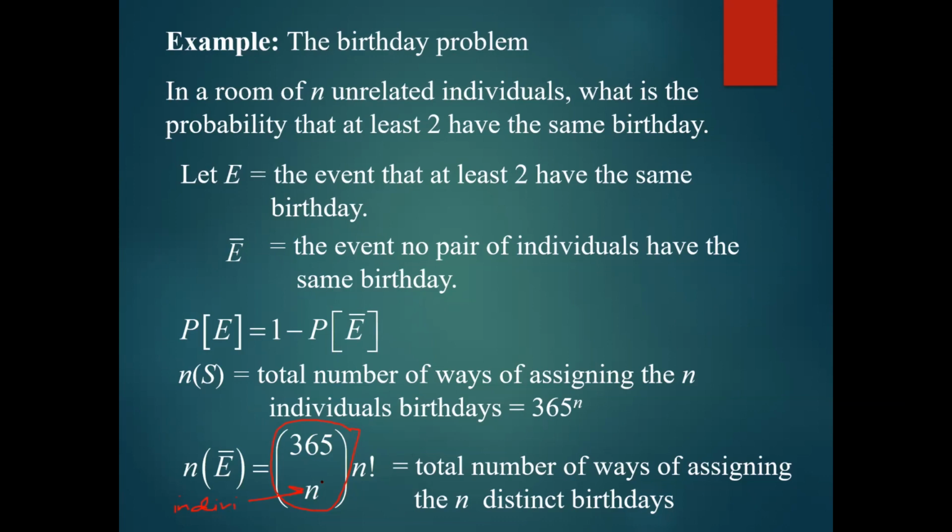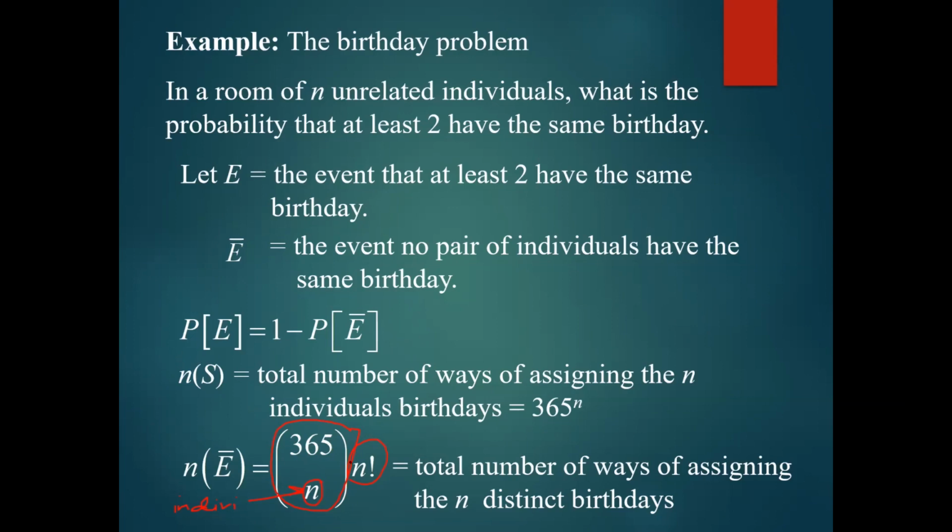Once you select those distinct n, you're going to assign them to n people. So how many ways can you assign n dates to n people? That is n factorial. So the number of ways you can assign n distinct birthdays is 365 choose n times n factorial.